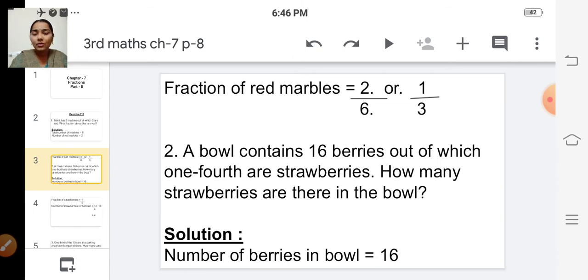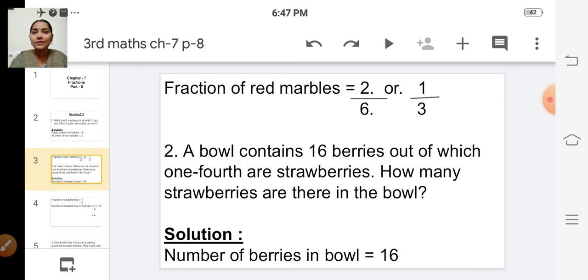So it can be blueberry, blackberry, red berries, strawberries. So it's a mixed kind of berries, 16 berries. Out of which 1/4 are strawberries.